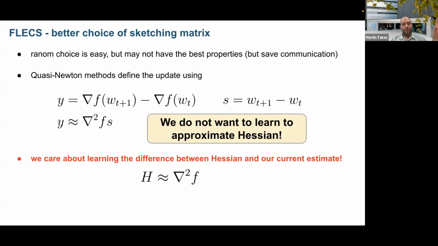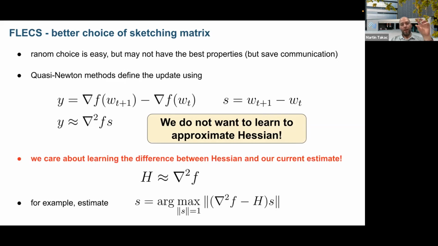So what we should really do is learn the difference between the Hessian and H, because I will use this information to update my Hessian estimates. So maybe the best thing you can think about is defining S in such a way as to take the Hessian minus H times S. So you're trying to find the maximum eigenvalue of this difference, okay? And use this one as your S for your updates and so on.